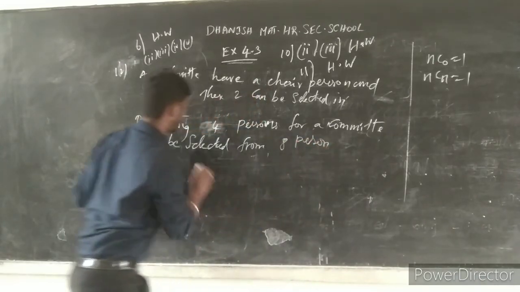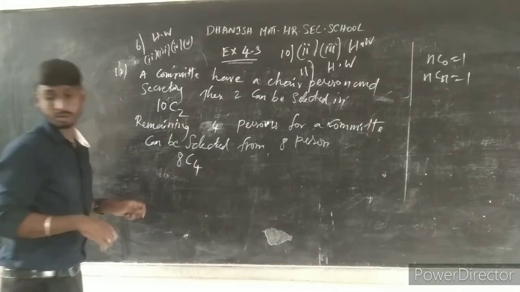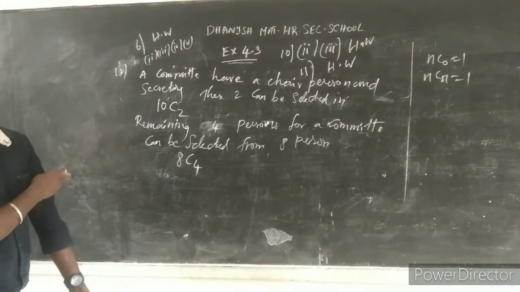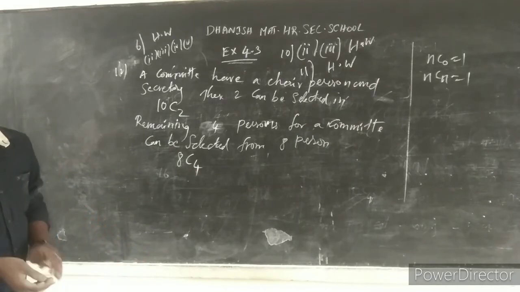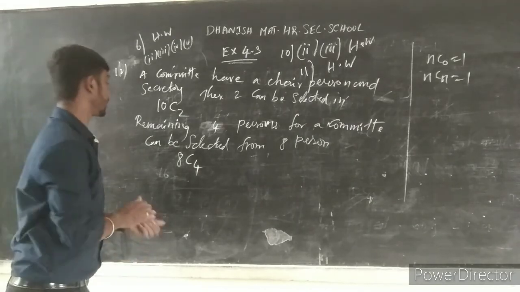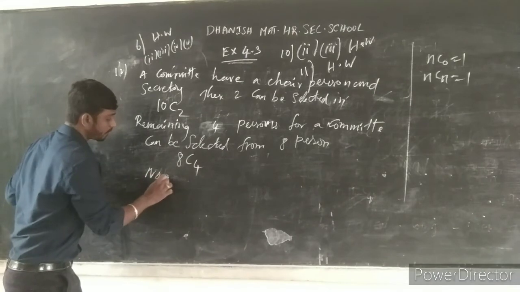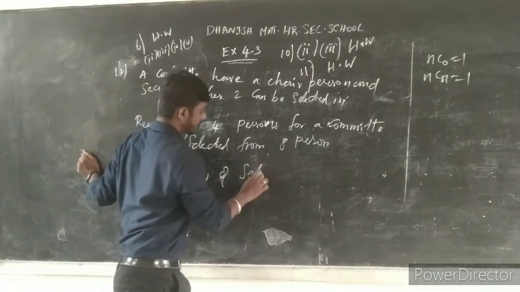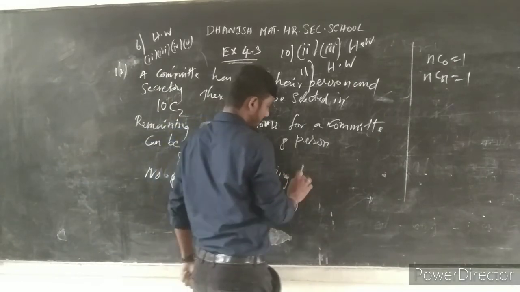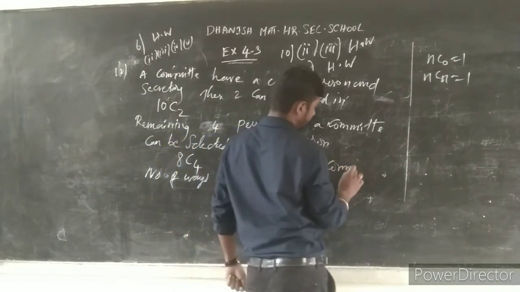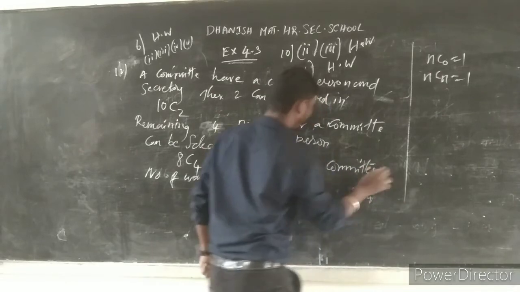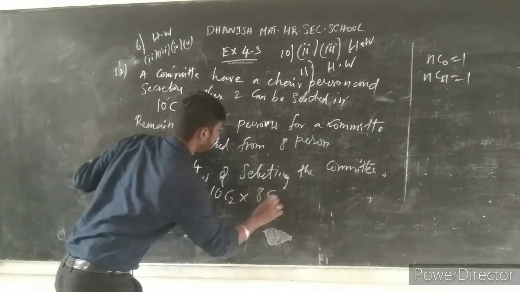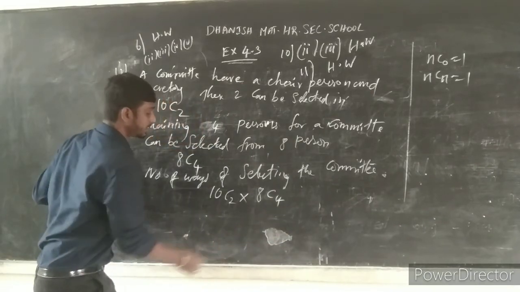That is why you write 8C4. Now we find the number of ways of selecting the committee, that is 10C2 into 8C4.